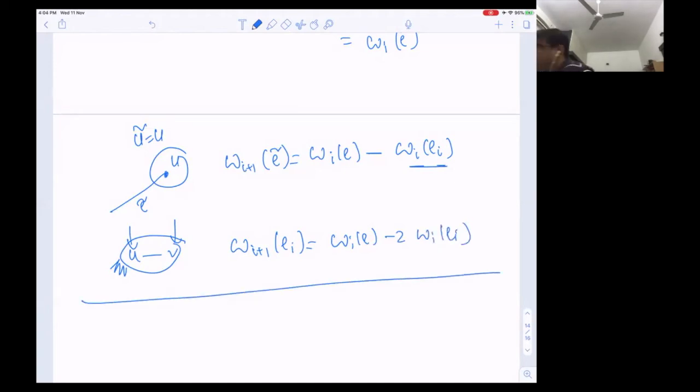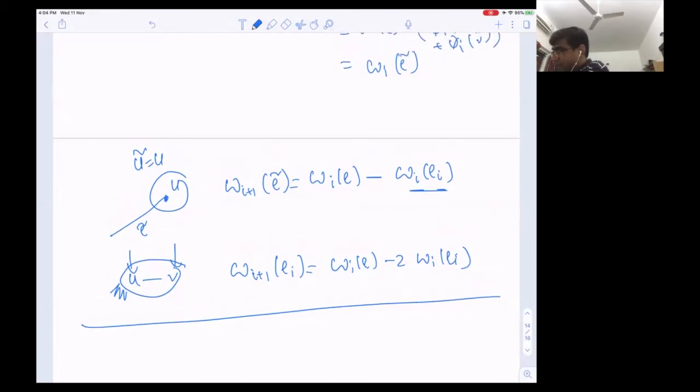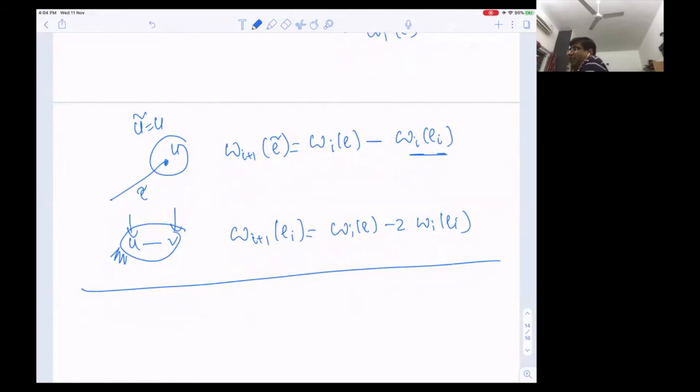So this is the relation between weight I plus 1 and weight I. If EI went into my stack, it initiates a decrement operation on the weight function of the edges in its neighborhood. Including itself, all other edges but itself subtract Wi, the magnitude by which they should drop. For EI, it should have just dropped by itself, Wi of EI, but we don't do that, we just subtract by 2. That's the only difference.